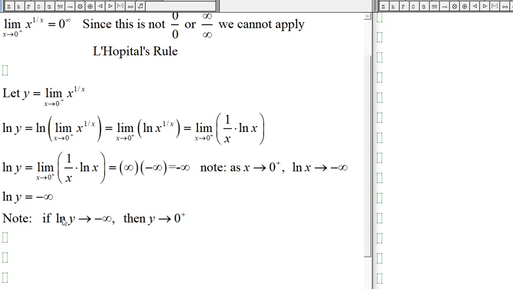One more time, in order for the quantity ln y to approach negative infinity, y has to approach 0 from the right.